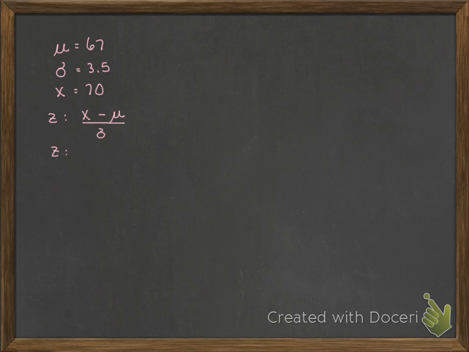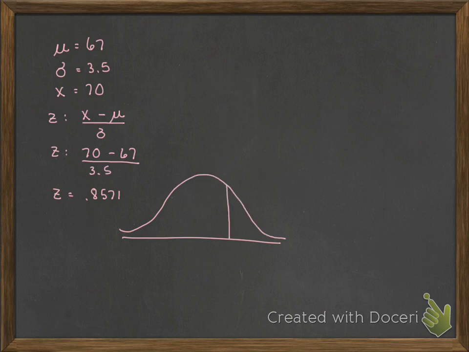So our z-score is 70 minus 67 all divided by 3.5, which gives us a z-score of 0.8571. Okay, that's our z-score. And remember, we're looking for the value greater than the z-score of 0.8571, which corresponds to that x value of 70 miles per hour.